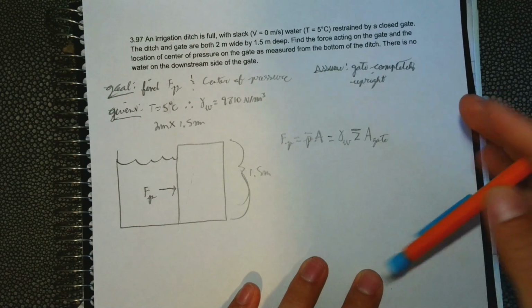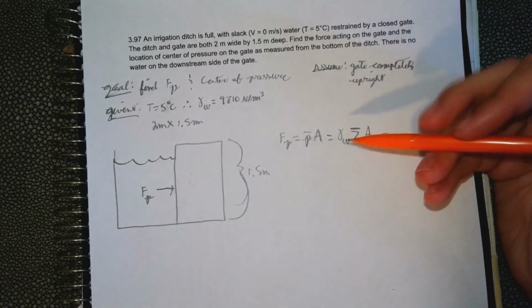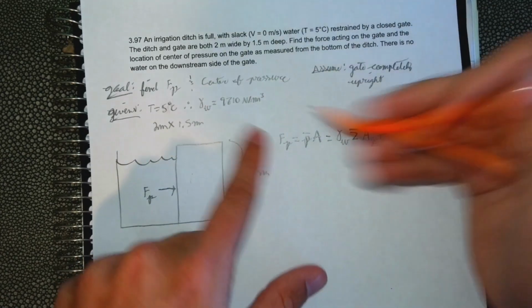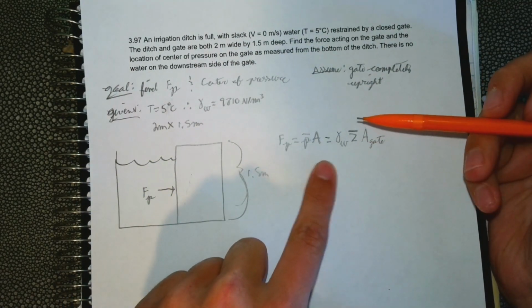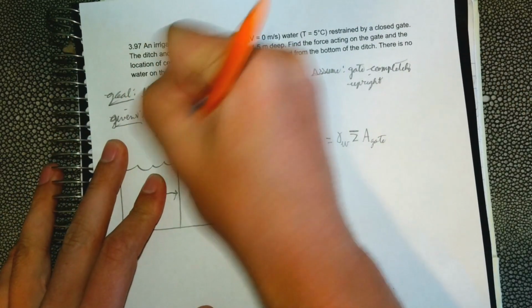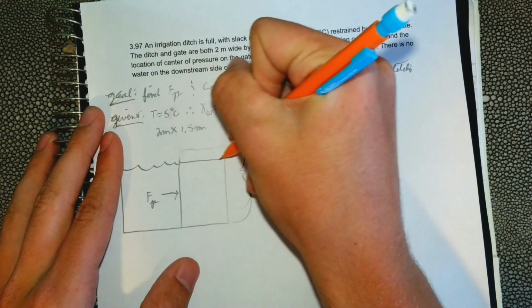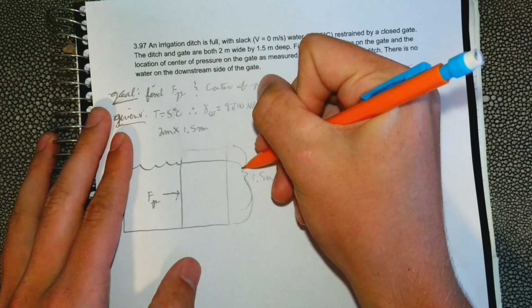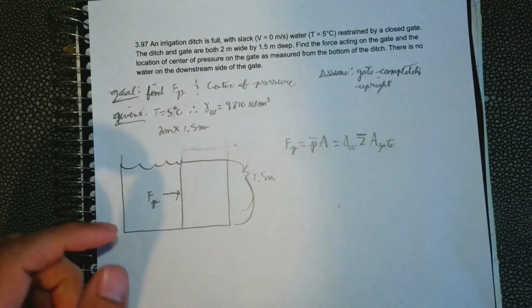So if we use a textbook, we look at 5 degrees Celsius. I already wrote it, we know the specific weight of water. The height, we know, since the water and the gate are at the same level.